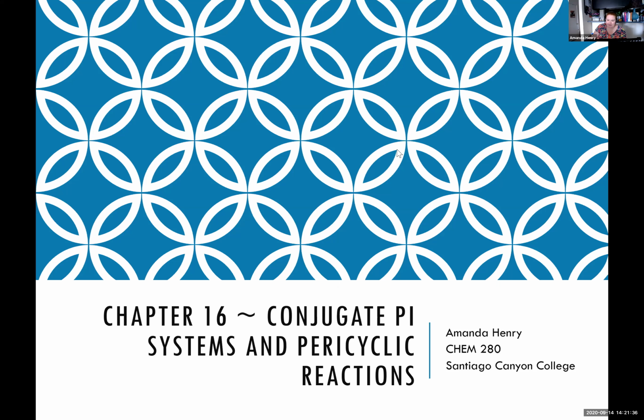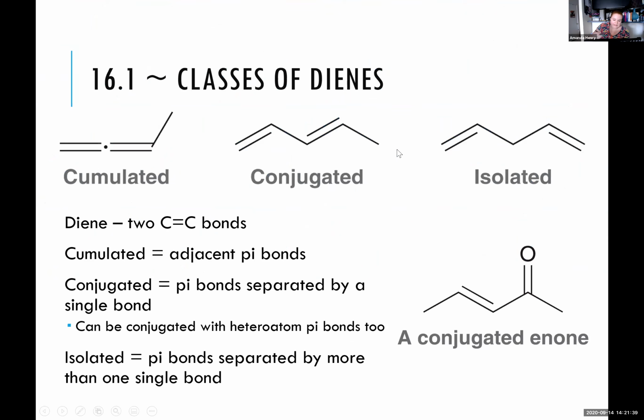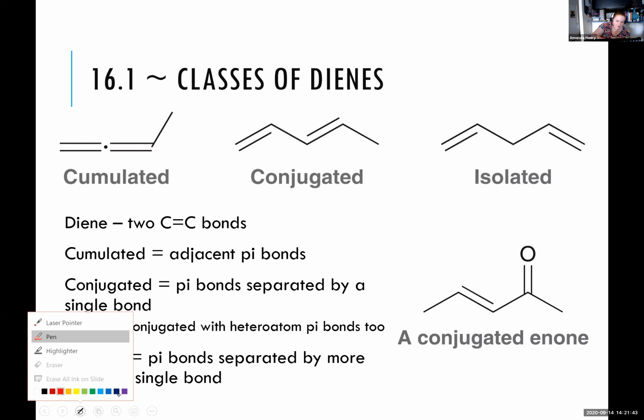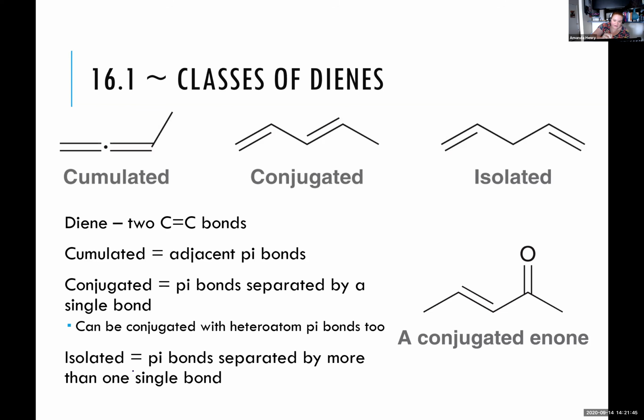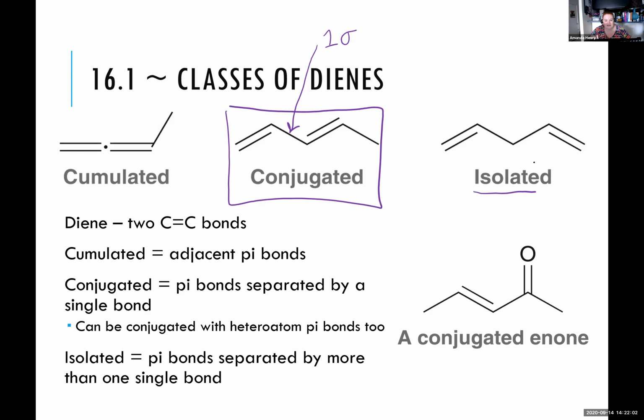So it is a new chapter. So we are starting with a little bit of vocabulary. And what we're focusing on in this chapter are the conjugated double bonds right there in the middle. And we can label something as conjugated if it's separated by one sigma bond. The opposite of that is if we have an isolated double bond, which is separated by two or more sigma bonds.